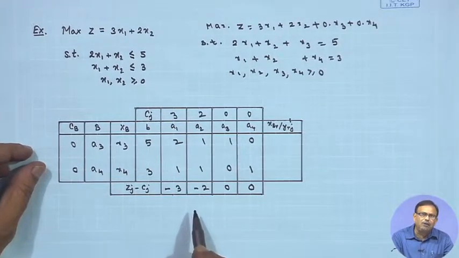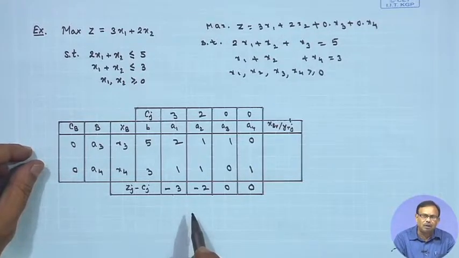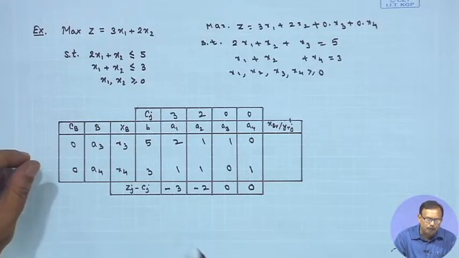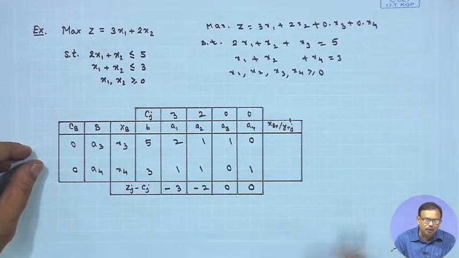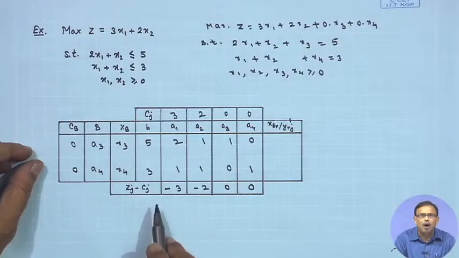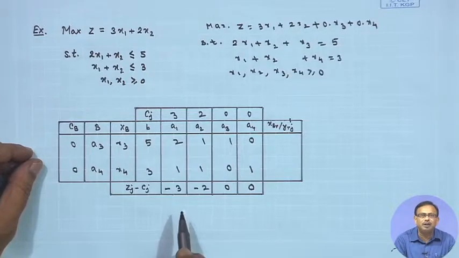So, initially, if you remember, we were talking about how in that case a feasible solution may not be present. So, let us see how to obtain the optimal solution whenever in the initial table the optimality condition is not satisfied, that is z j minus c j is less than 0.